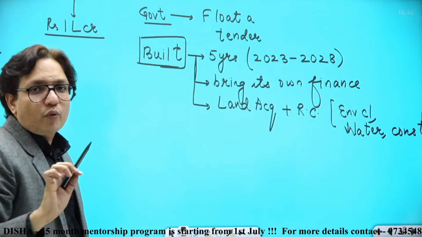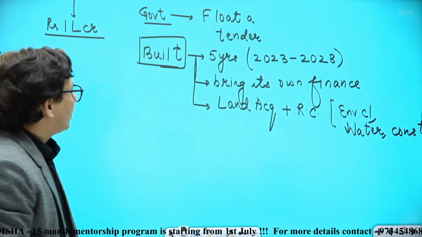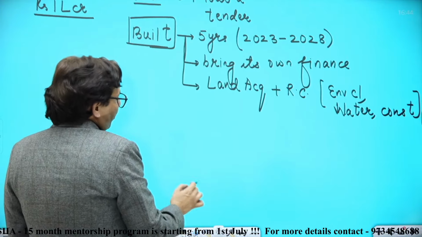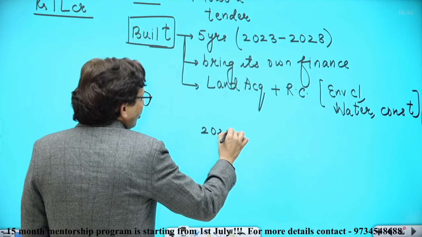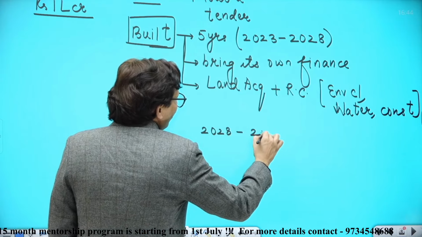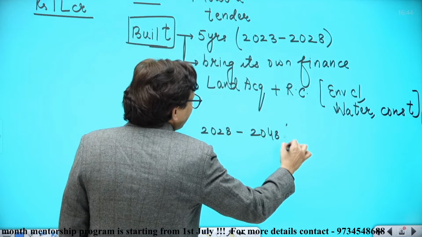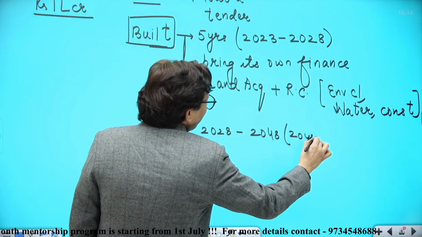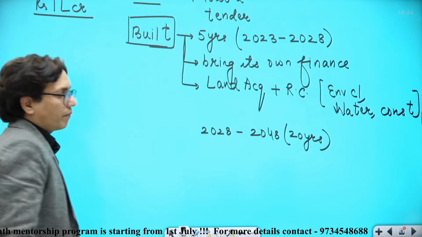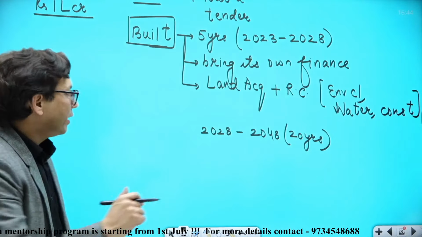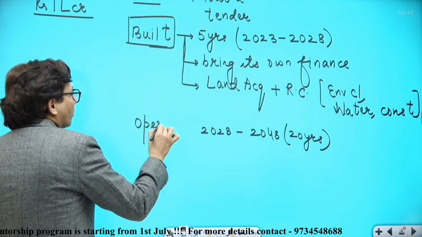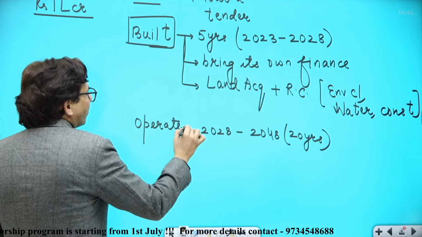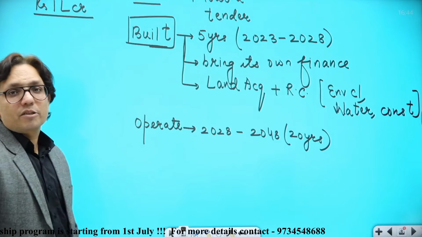Once the expressway has been built, then starting from the 6th year, that is from 2028 to 2048, that is the next 20 years, for the next 20 years, the private party would also operate the expressway.